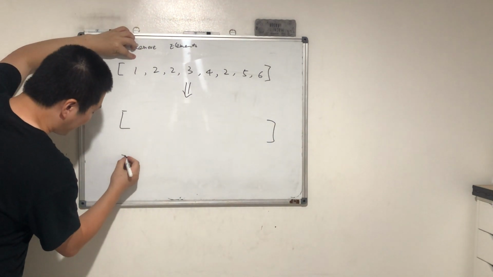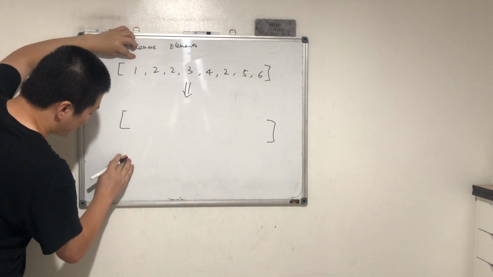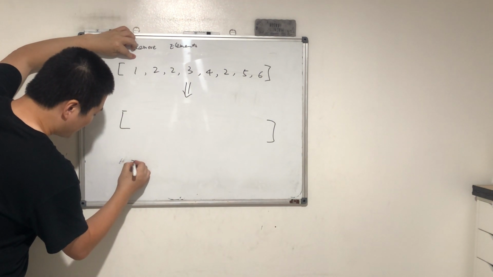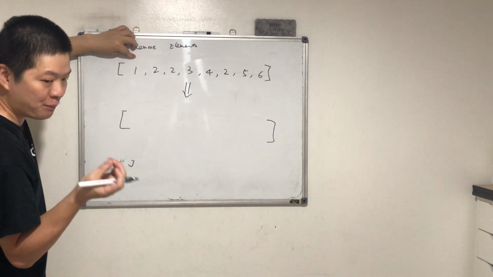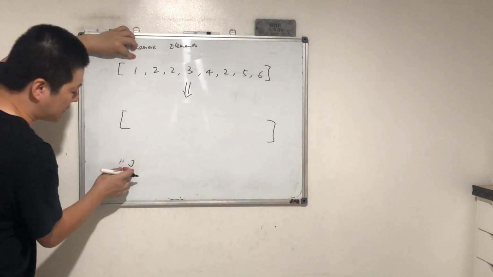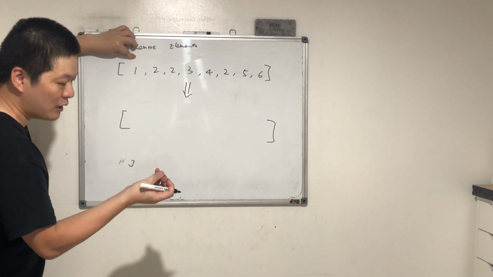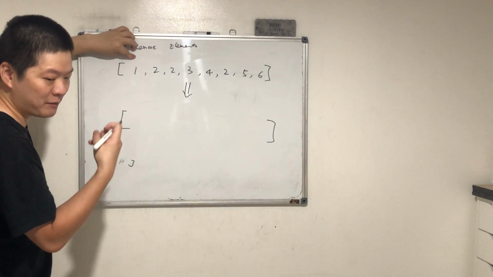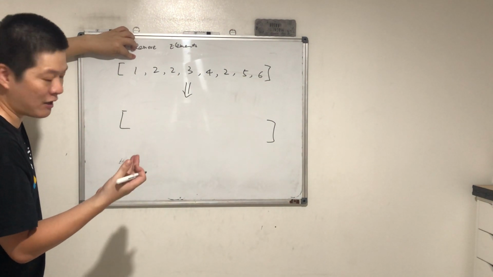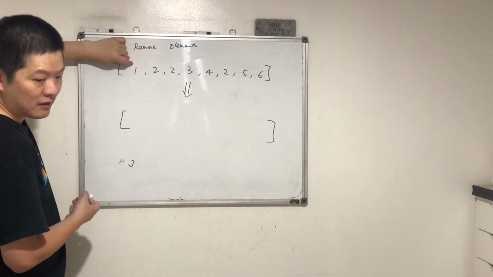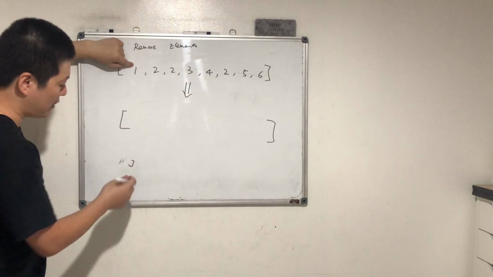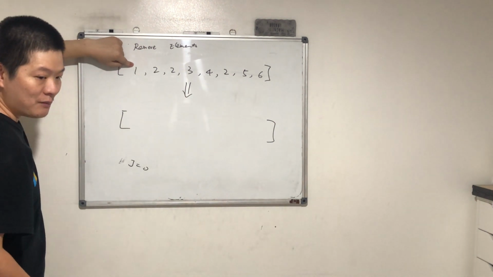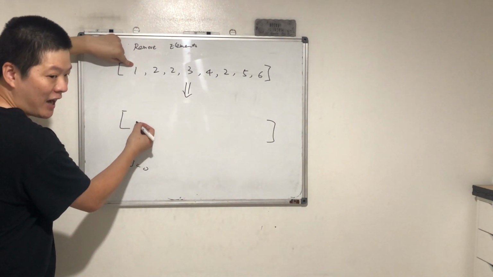We have an index, a location J, which gives us the position where we can put the elements we want to keep. 1 is a value we want to keep, so with J equals 0, I overwrite it here.